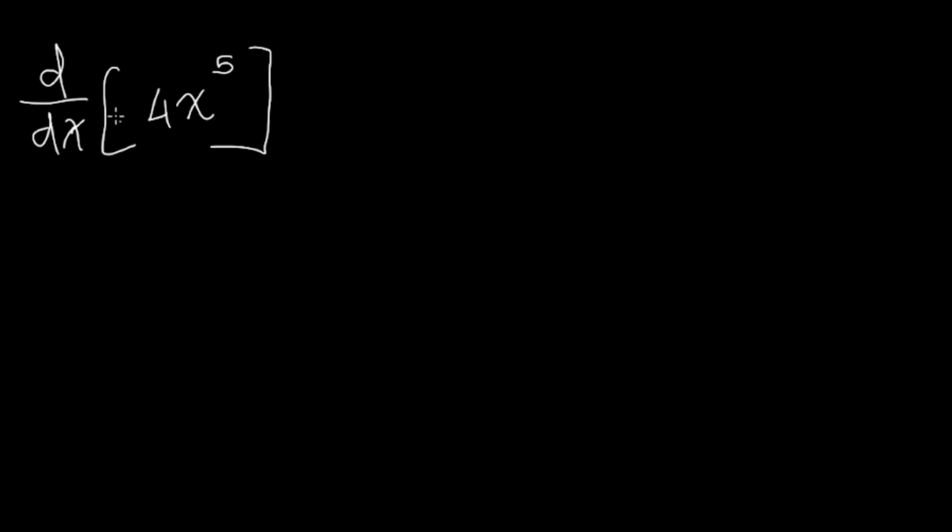Since we know the basics of derivatives, we shall try solve this. The derivative of 4x to the power of 5. So basically, what we do over here is we take the 5 in front and we multiply it by what's inside.